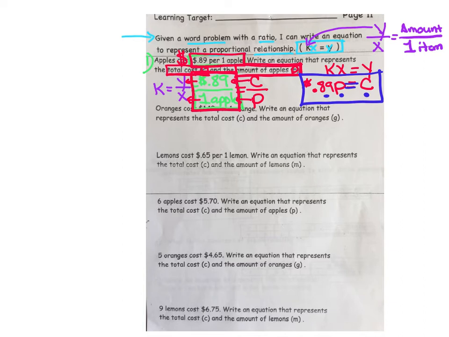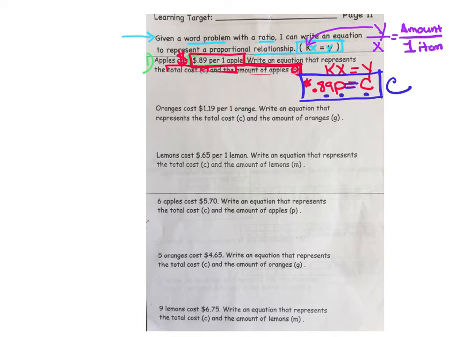Let's take a look at number 2. Before you jump in to the problem, please write K equals Y over X. Now let's begin. Oranges cost $1.19 per orange.